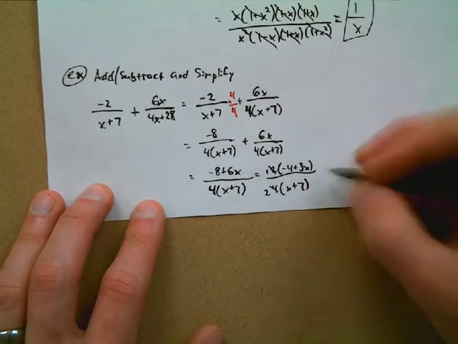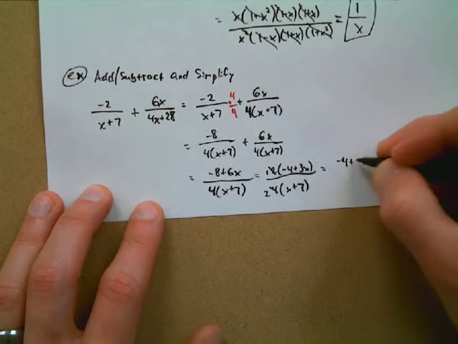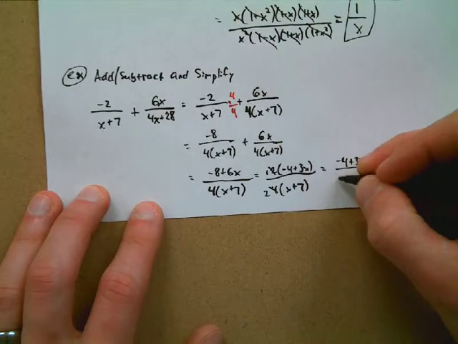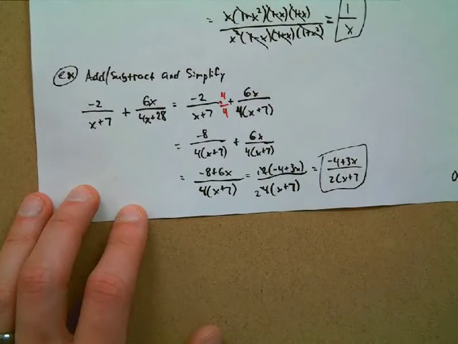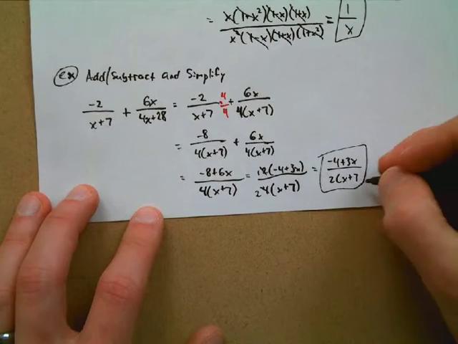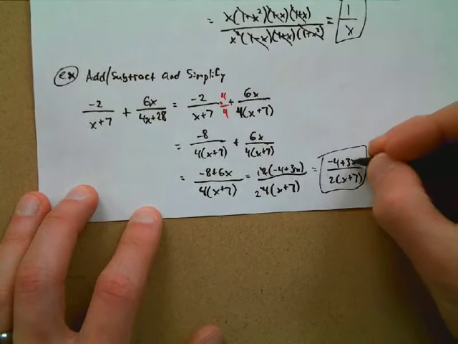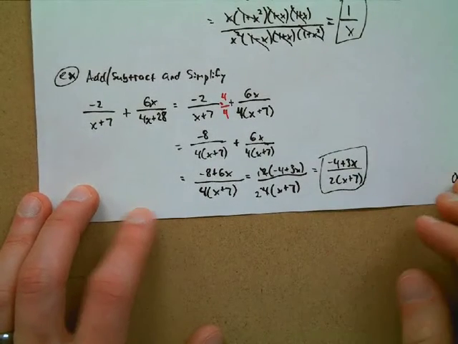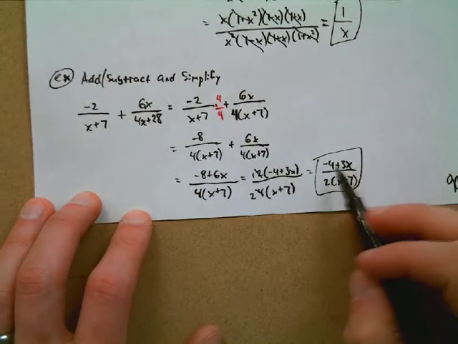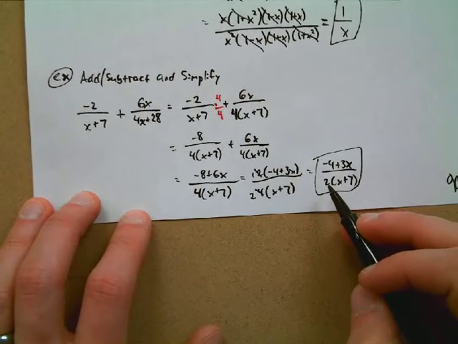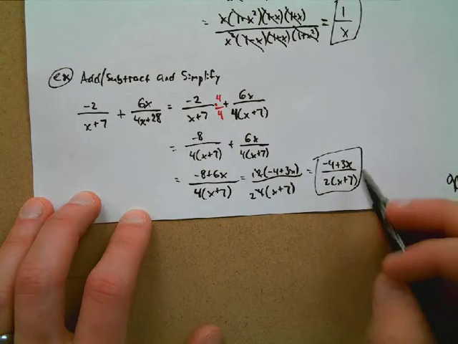And so I could really make this negative 4 plus 3x all over 2 times x plus 7. So we add the fractions together, and then we simplify the fractions. And there's our most simple form. There's no more GCF for us to take out of the numerator, so we can't cancel out that 2. If you wanted to redistribute the 2 back through, you can, but it's not necessary.